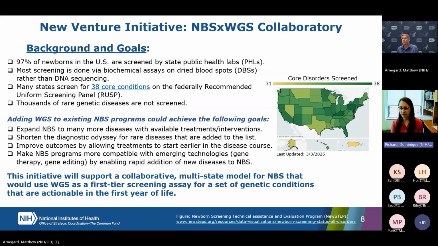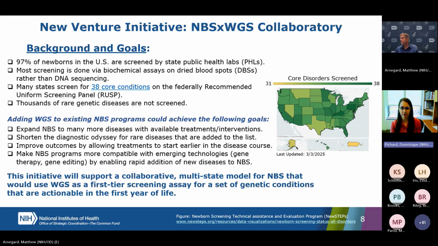I'm sure that you all on this call know the background of the newborn screening program even better than I do, but I did want to draw your attention to the bottom half of this screen. These 4 bullets highlight some of the potential impacts of what adding whole genome sequencing to the existing newborn screening program could achieve.